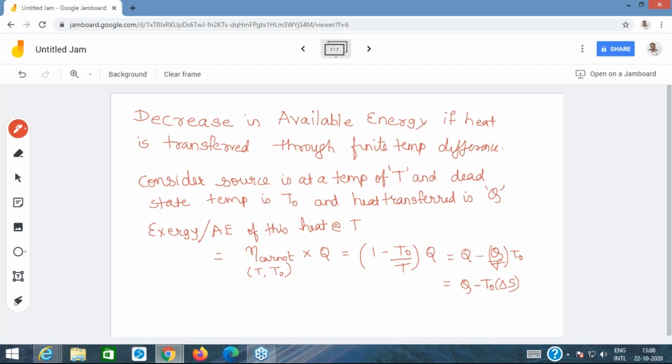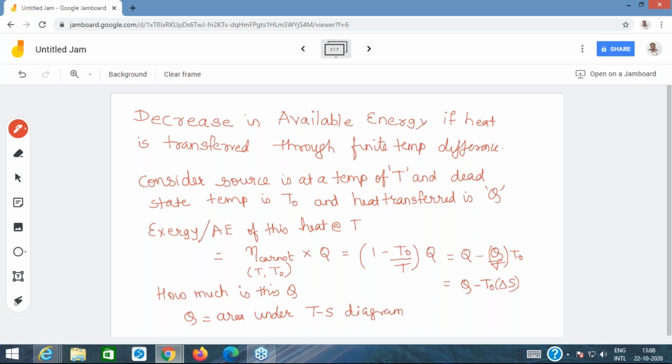Now, how much is this Q in terms of temperature? This Q is nothing but the area under the temperature entropy diagram when the heat transfer happens.